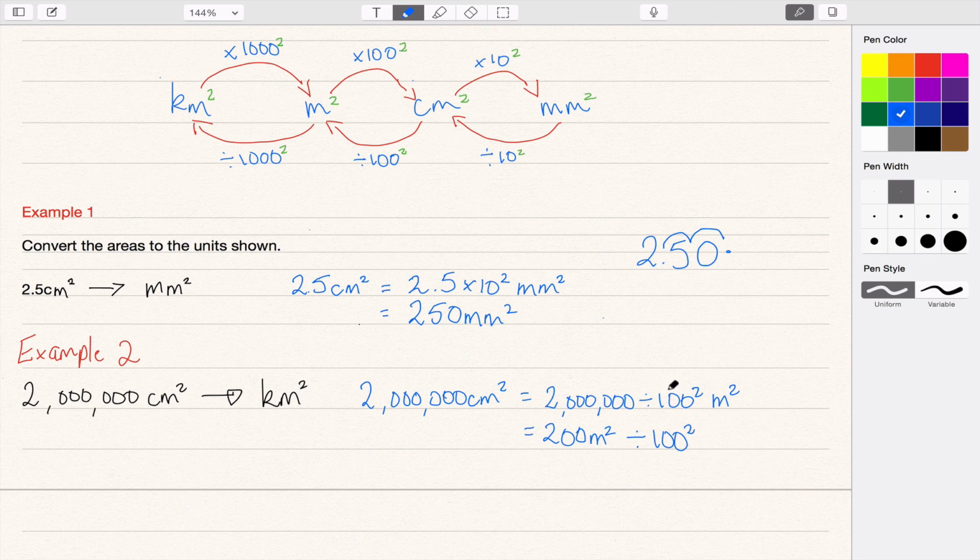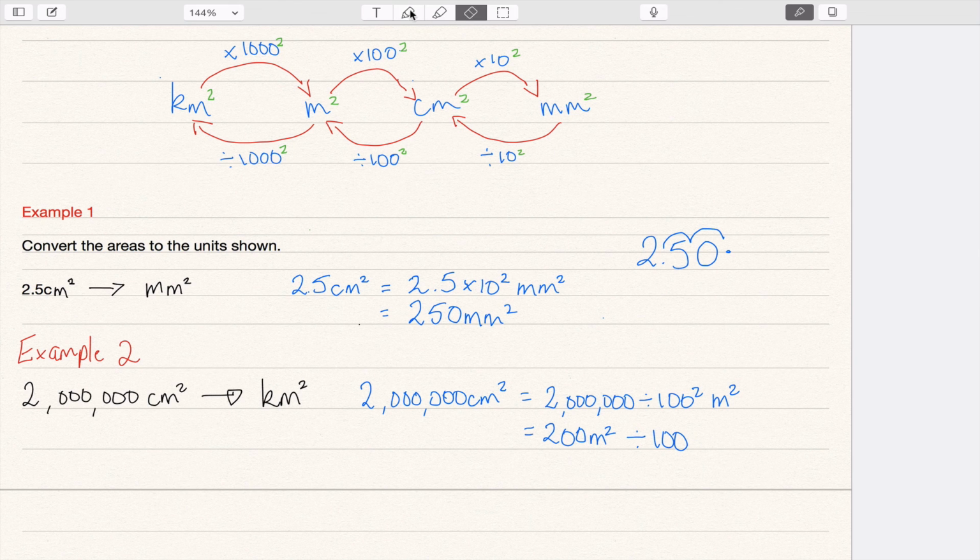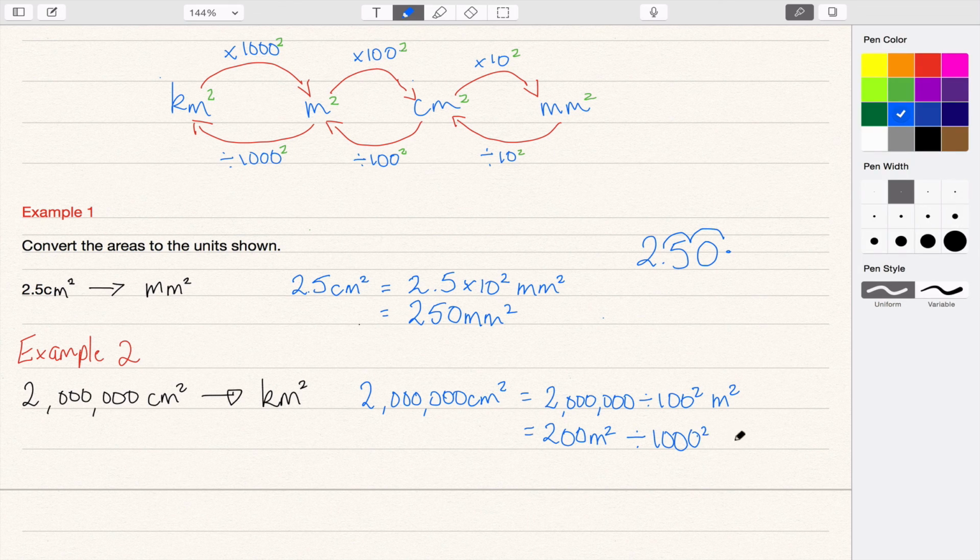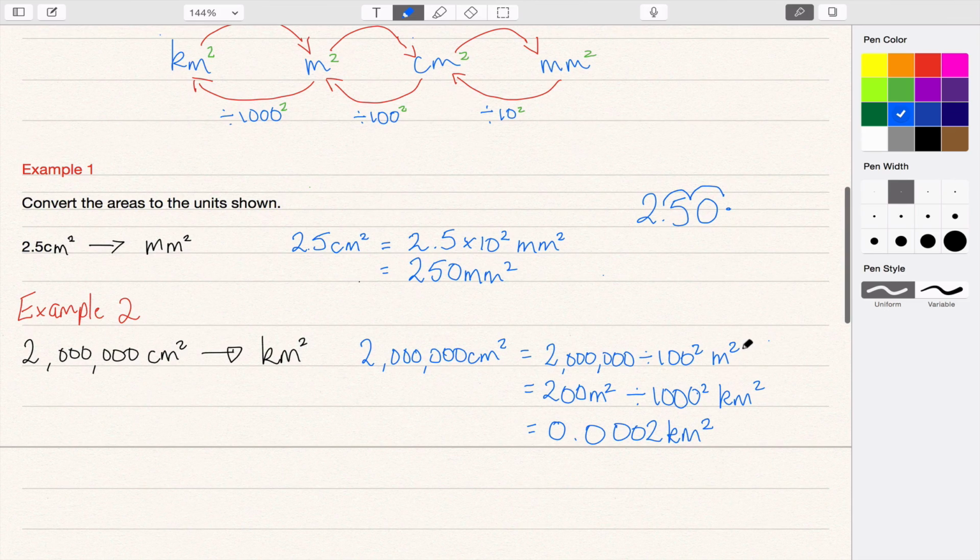Divided by 1,000, whoops, that's only 100. 1,000 squared to make it kilometers squared. And you might find it easier to do this one on your calculator because we're going to have to go 6 decimal places this way. And we end up with .0002 kilometers squared. And that's your final answer.